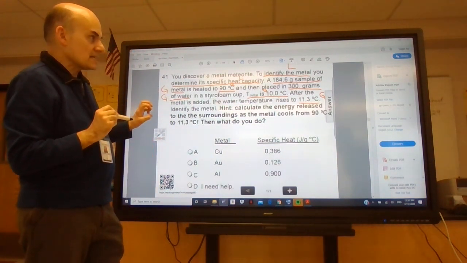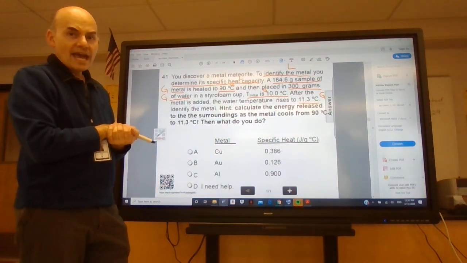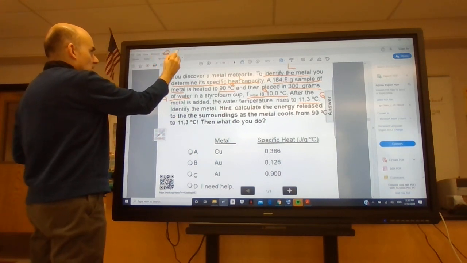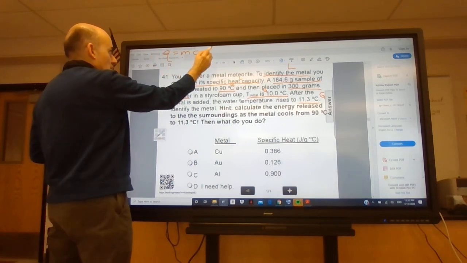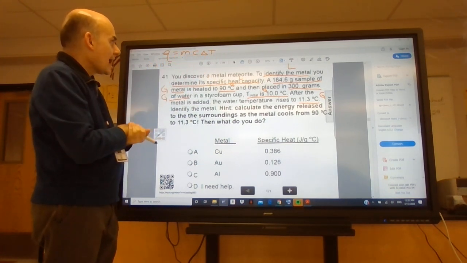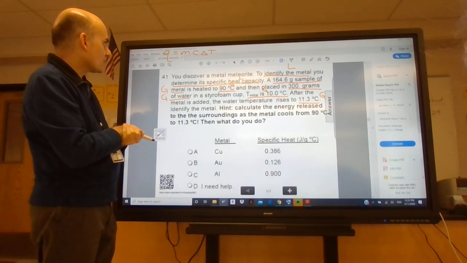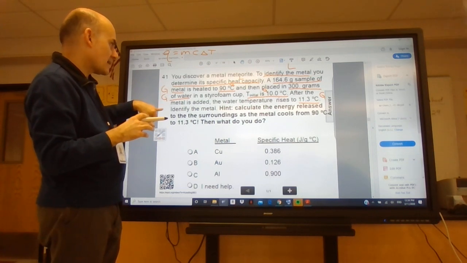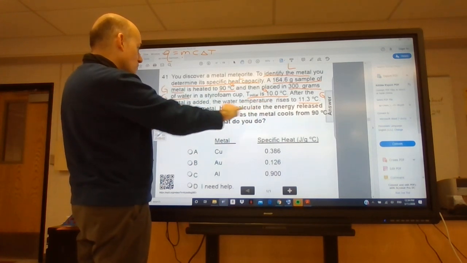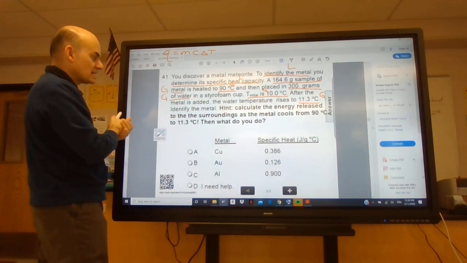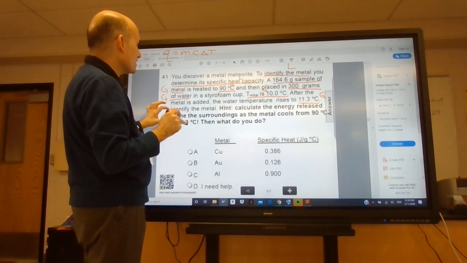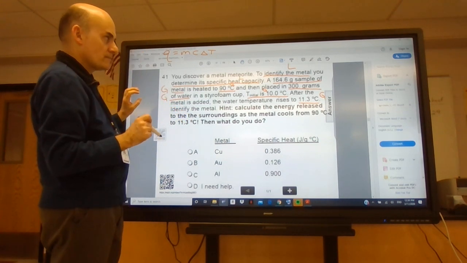To find a specific heat capacity, we know that we have the Q equation: Q equals mc delta T. It says here to calculate the heat energy released to the surroundings as the metal cools from 90 degrees to 11.3 degrees C. So first we have to figure out, do we have energy?